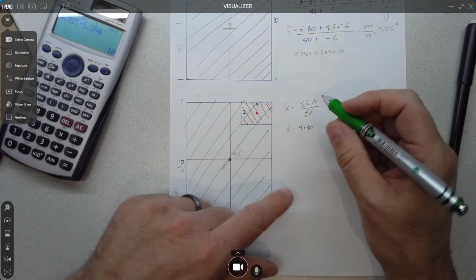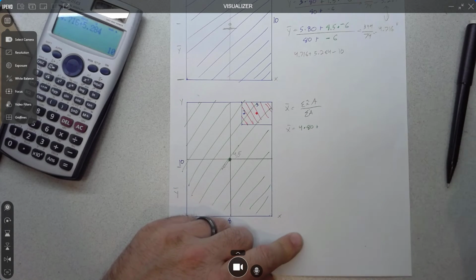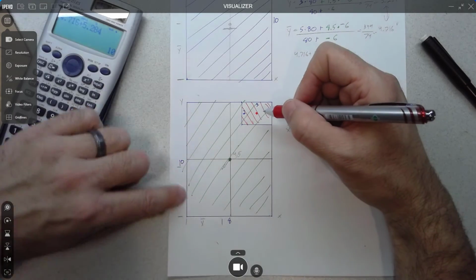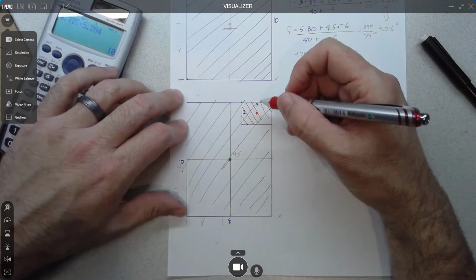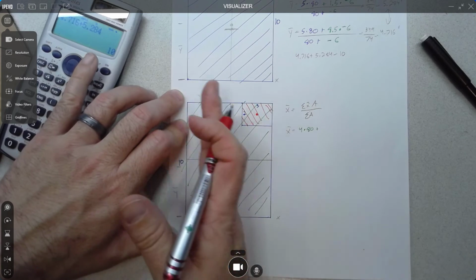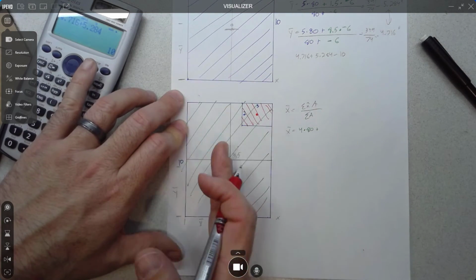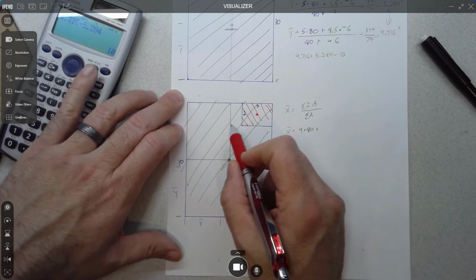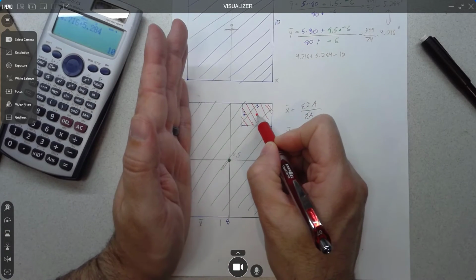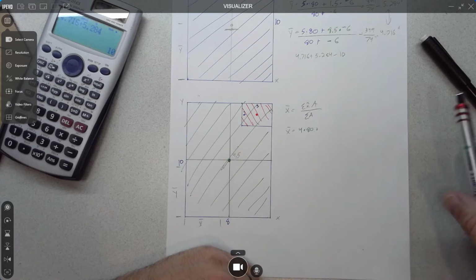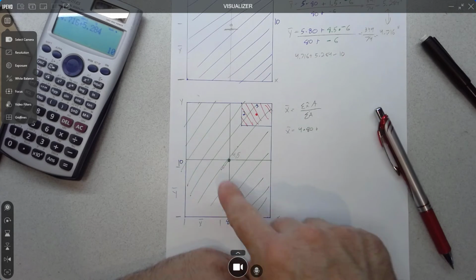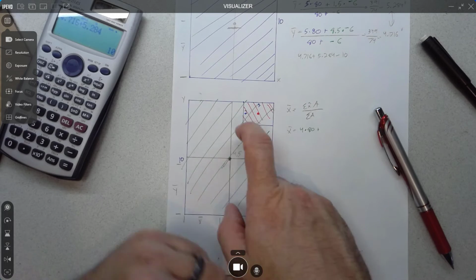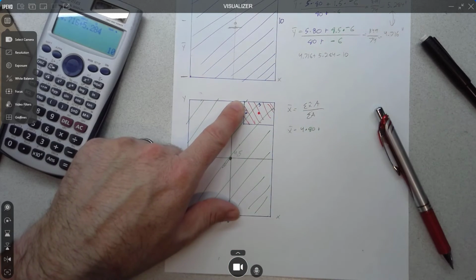And now we're going to add the distance to the centroid from this axis here, right? Because we're trying to find x here, so we're balancing everything about a line that's vertical in y. The distance from the y-axis to the centroid of this one is going to be, let's see, overall we're at 8. So to get up to here is going to be 5.